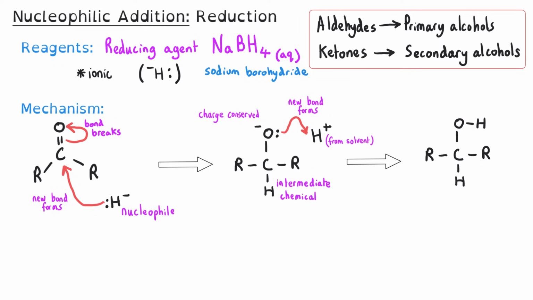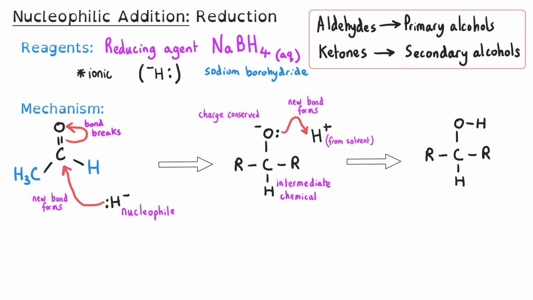And this will then produce our alcohol product, which, if we've been commanded to draw the mechanism, we don't need to show. But I'm showing it here just so we can see the full journey from aldehyde or ketone to alcohol. So I've been really generic with this mechanism, just using R groups to finish off the molecule.